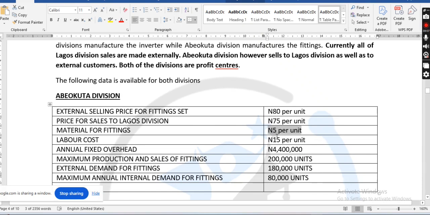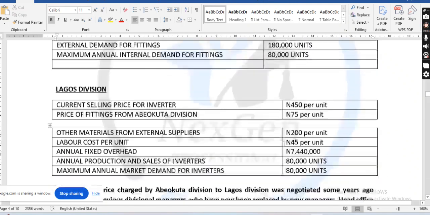So material, right? Of course, for them to produce 200 units, they need material, and the material cost is 5 naira per unit. Please take notes. You can screenshot this. I will ask you. Then labor costs. Of course, for them to produce 200 units, labor will be involved. So we pay them 15 naira per unit. Right, class?